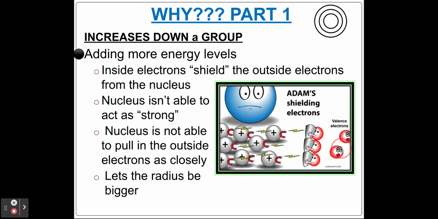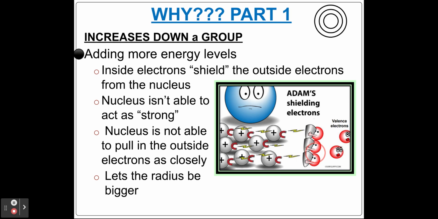So in this picture, you could see the valence electrons are here, and then here's the nucleus, the protons in the nucleus. And to think about it this way, the positive protons in the nucleus are attracting the negative electrons. But you can see that the core electrons on the inside that are closer to the nucleus are able to shield or cancel out some of that charge of the nucleus.